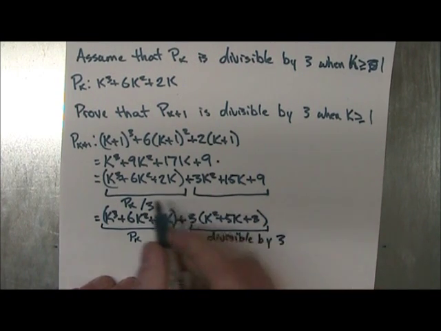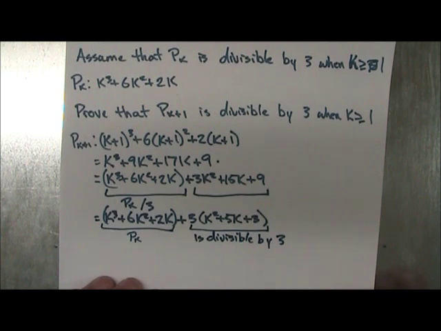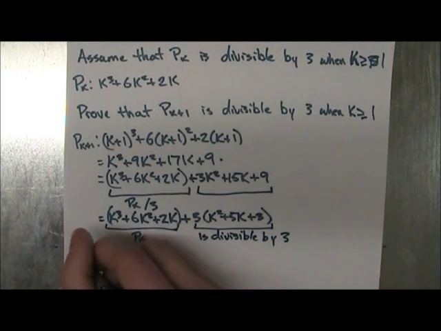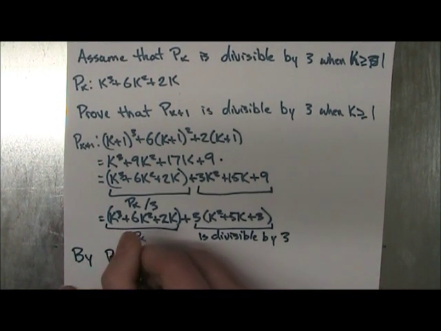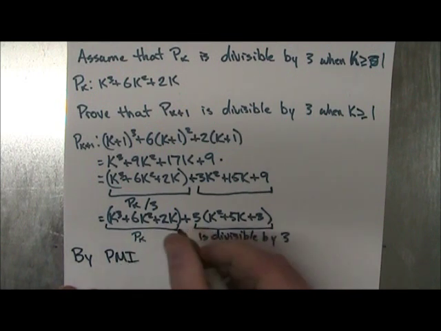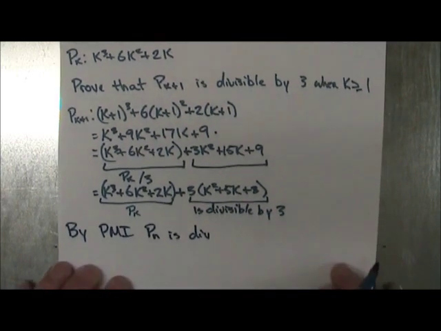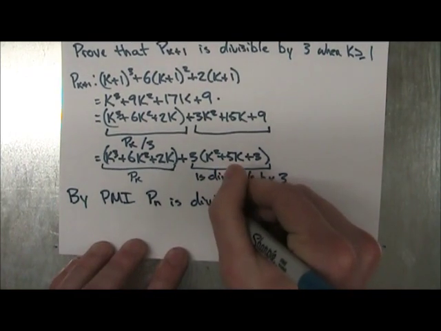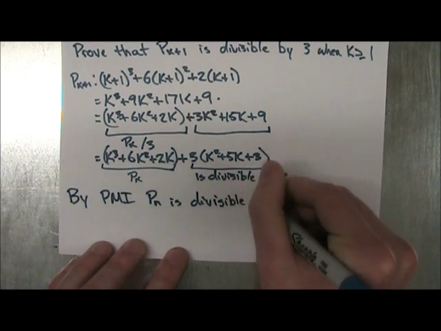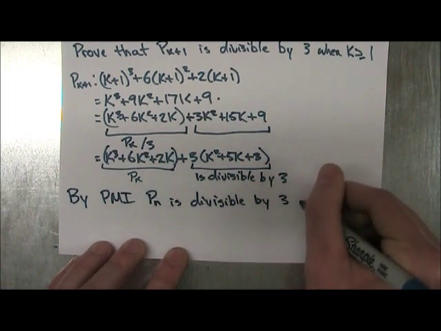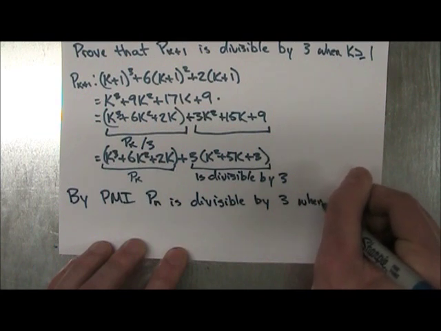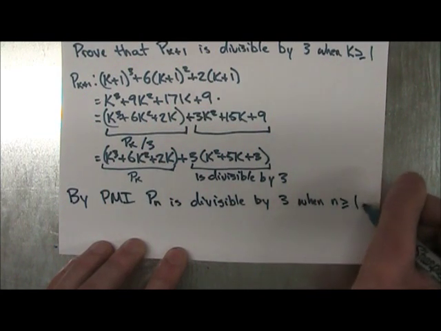So now we know our whole expression is divisible by 3, and therefore, by PMI, the principle of mathematical induction, Pn is divisible by 3 when n is greater or equal to 1.